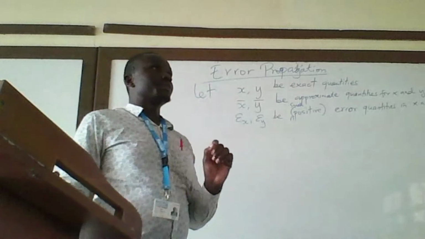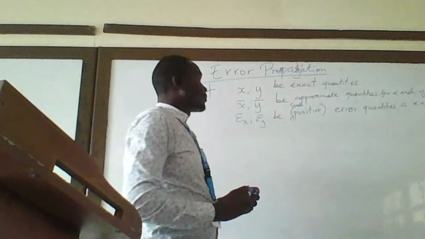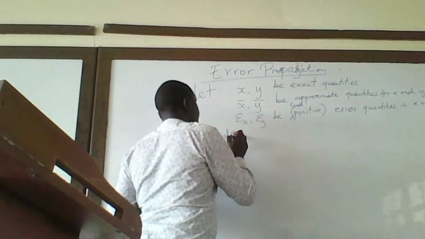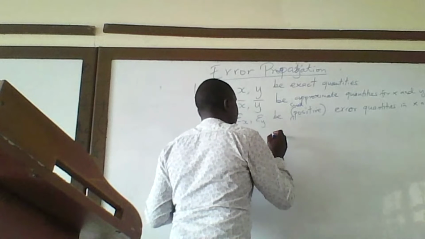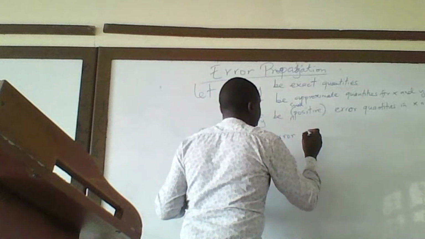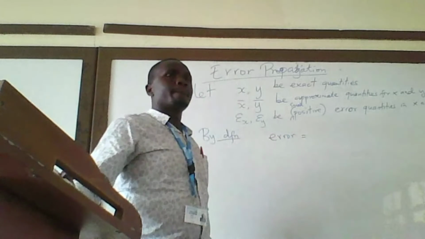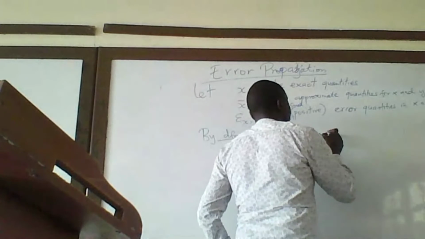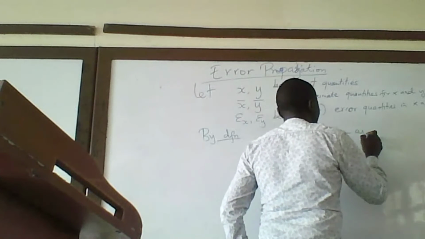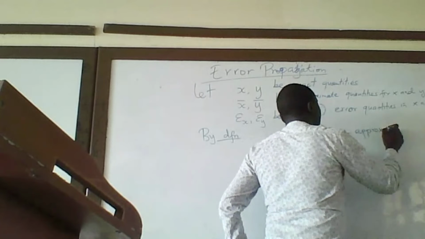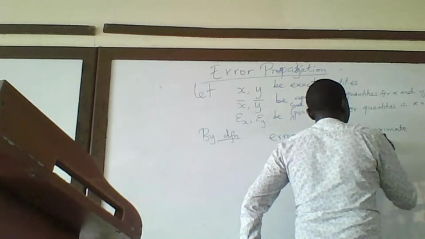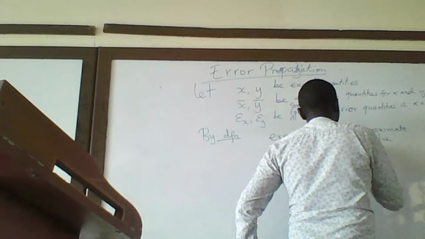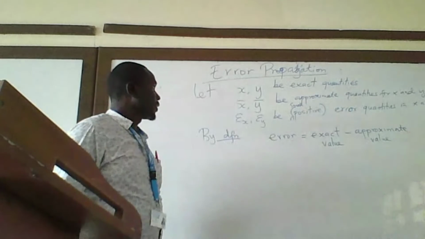Before the derivation, let it be very clear that by definition, error is always given by exact minus approximate, okay? Exact minus approximate. Exact value minus approximate value computes the error.